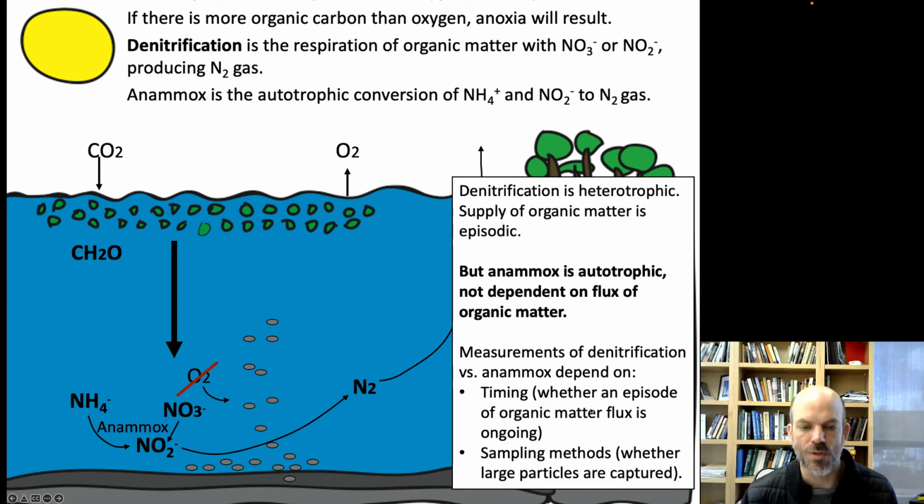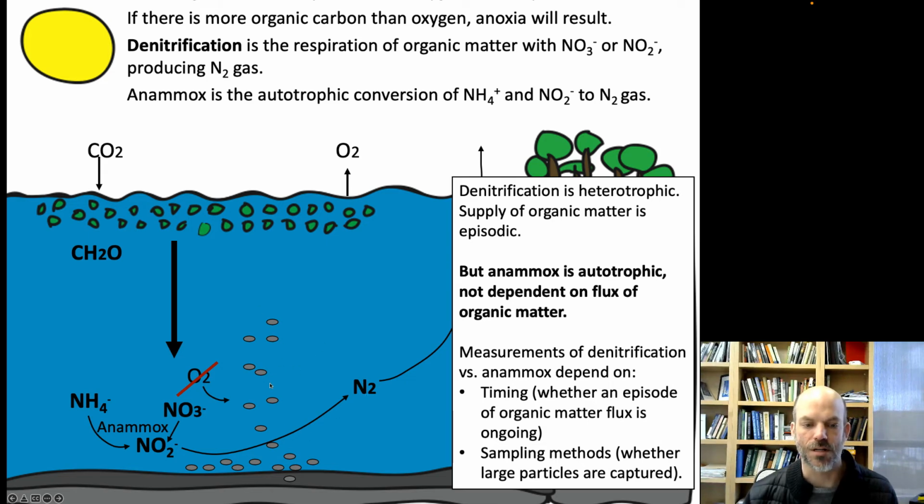Sometimes when you sample water from the ocean, you will do it in a way where you collect big particles that are floating or even sinking in the ocean, and some water sampling methods do not capture those particles. A very tiny technical thing like whether you're including the large particles in your water sample or not can also affect an answer like this, because those large particles are full of organic matter and they will stimulate denitrification.